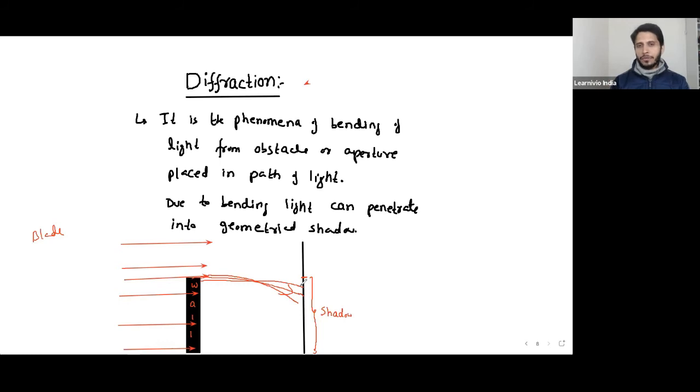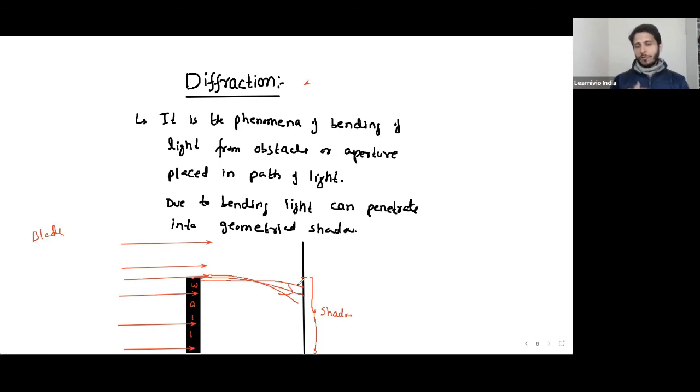But unlike interference, these patterns don't have very good contrast. Like in interference, bright were very bright and dark were very dark, meaning there was a very good contrast between bright and dark fringes, but in diffraction, you don't find such contrast.